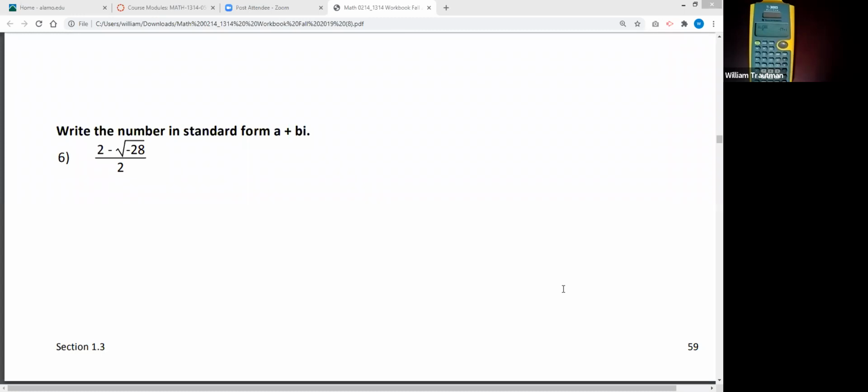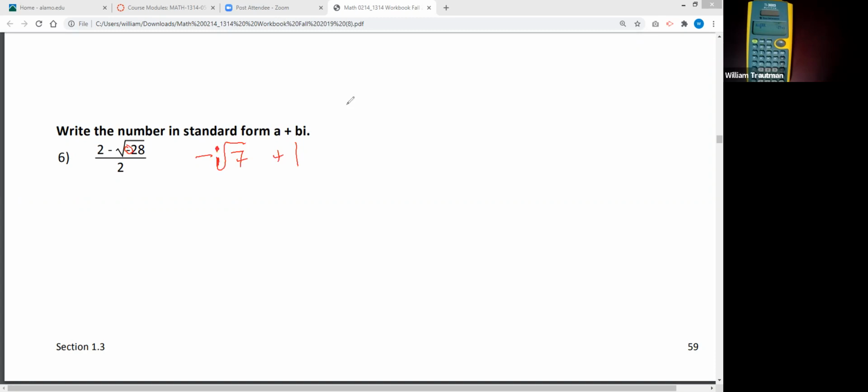So the answer to this, this was the answer on my calculator, but this negative says put the i in front of the square root.